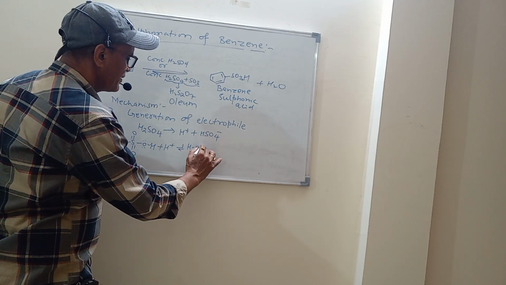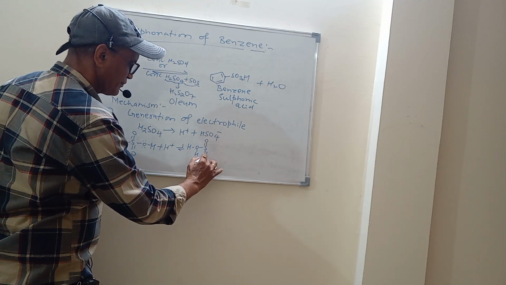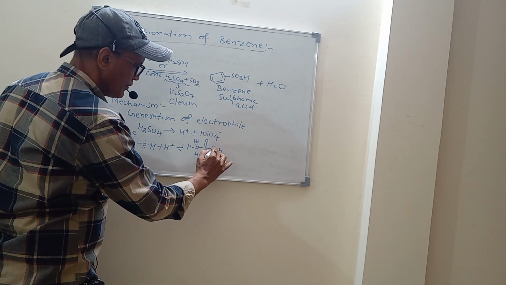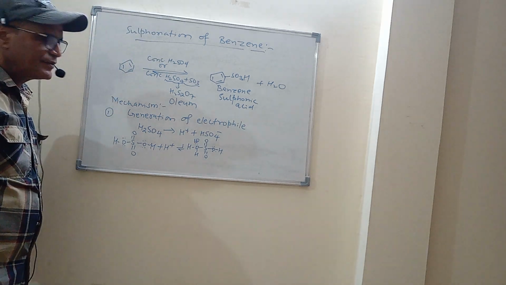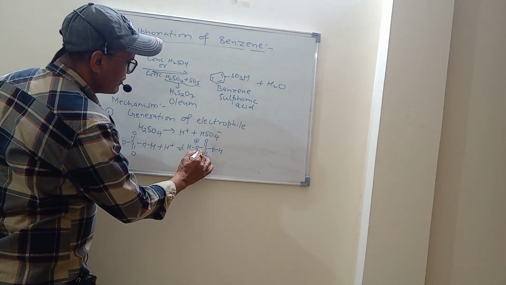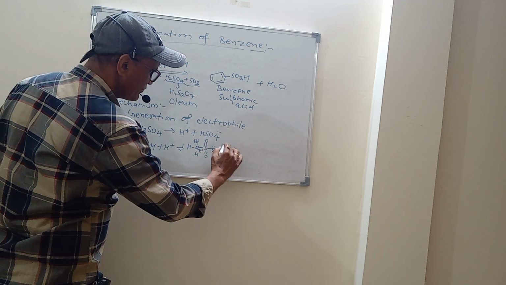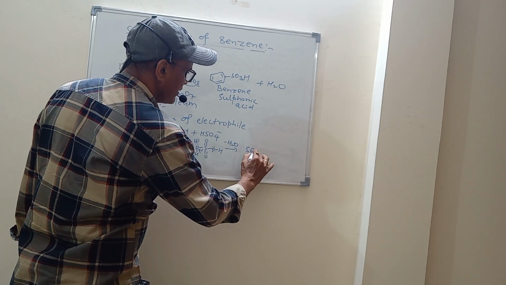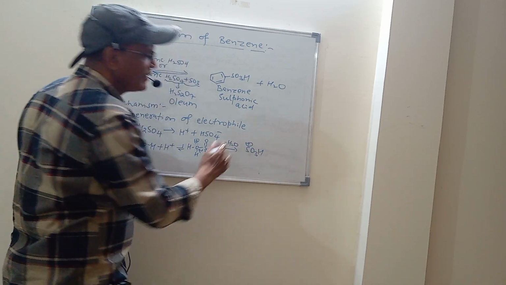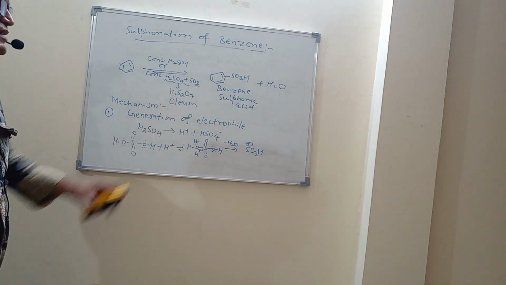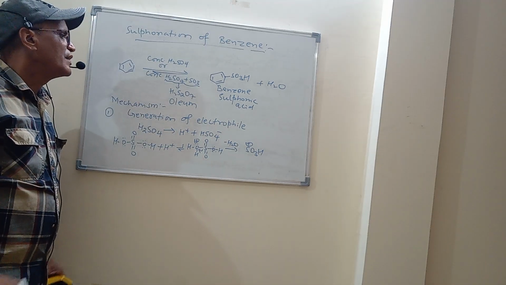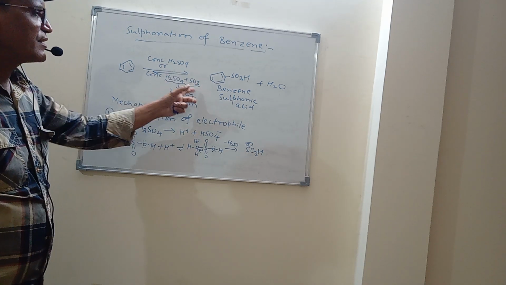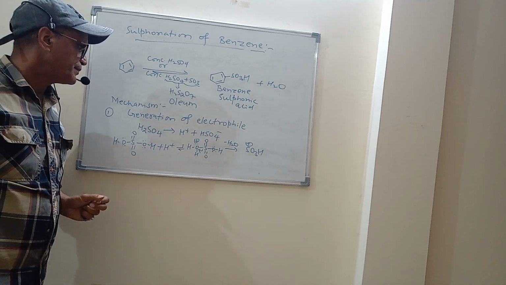So we can write it like this. This is protonated sulfuric acid. Now water will be lost here, and we are having SO3H positive. This sulfonic acid group acts as electrophile now, or this H plus can attack this SO3 to give this one.